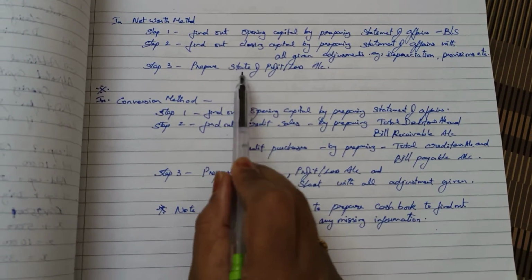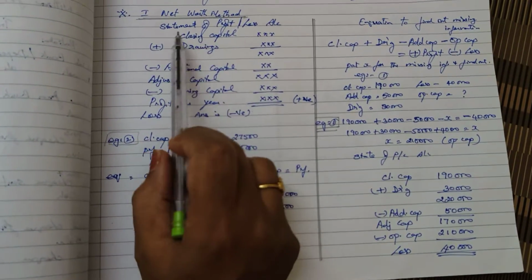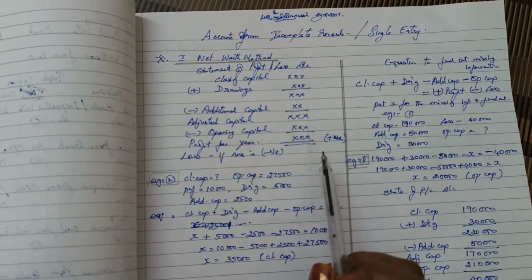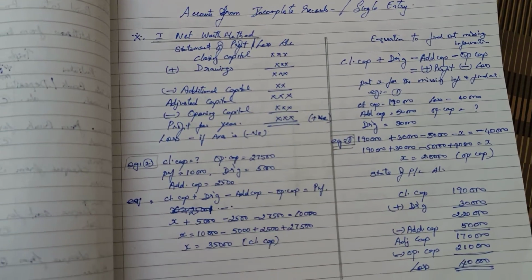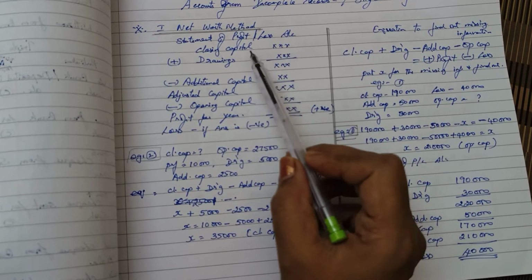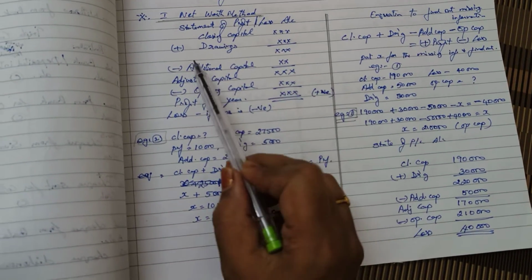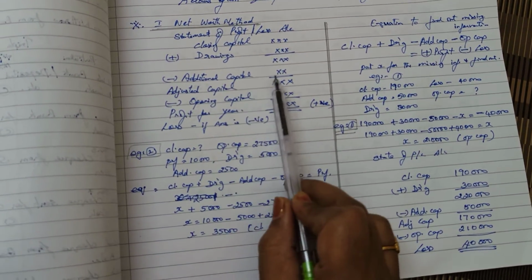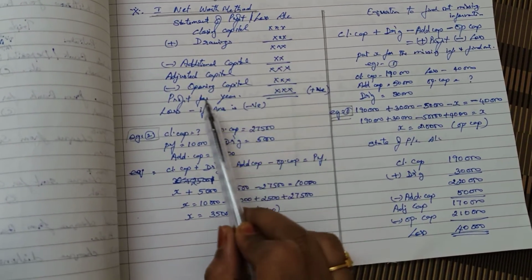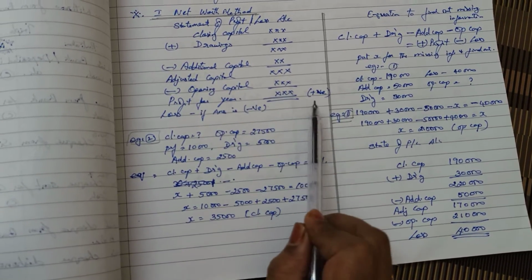Moving on to the statement of profit and loss account. Separately also they will ask you the statement of profit and loss, very commonly asked in single entry. The format is: you have the closing capital which you found out, add drawings during the year, less additional capital introduced during the year, then subtract opening capital, and you get the profit for the year.